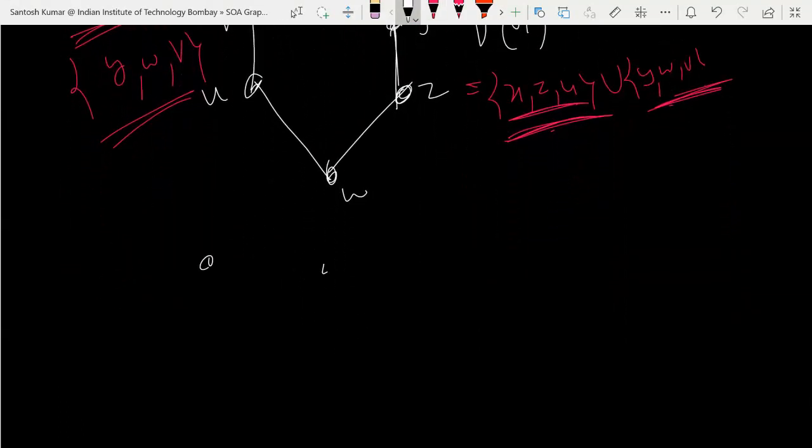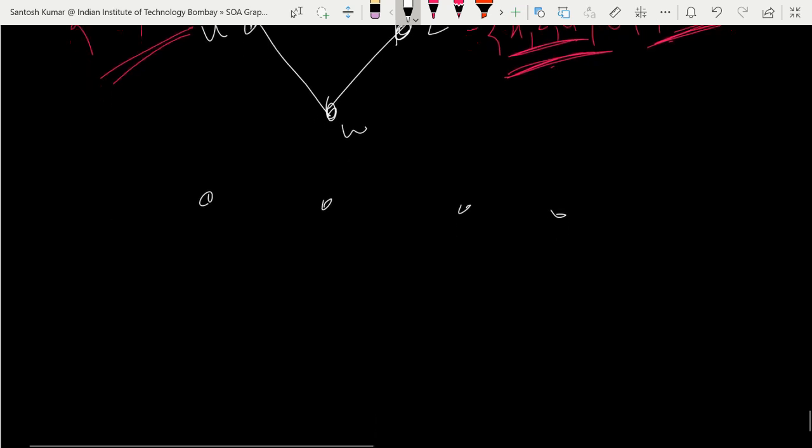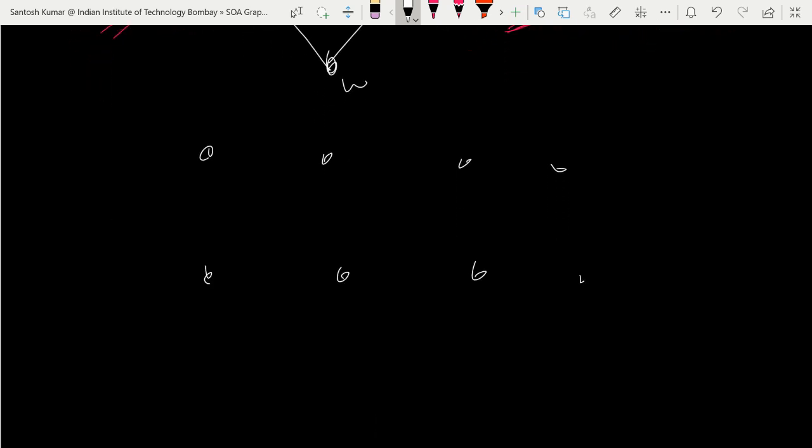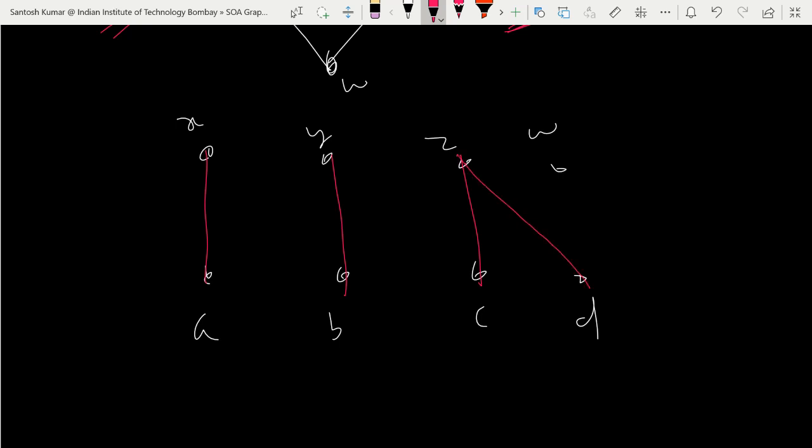On the basis of this, one more example you can define. Suppose we have eight vertices, x, y, z, w, and let's call the others a, b, c, d. So there are eight vertices, and you join this, you join this, then you can join this to this.